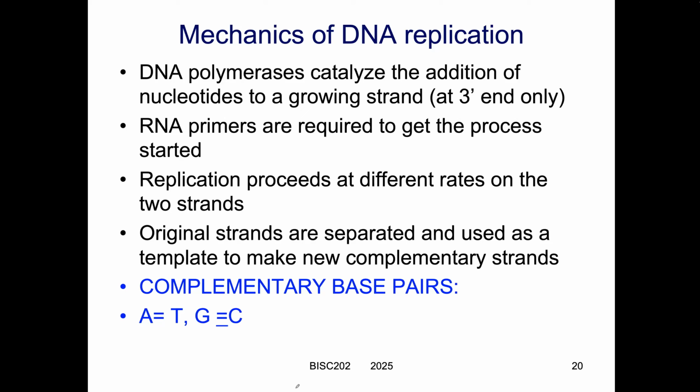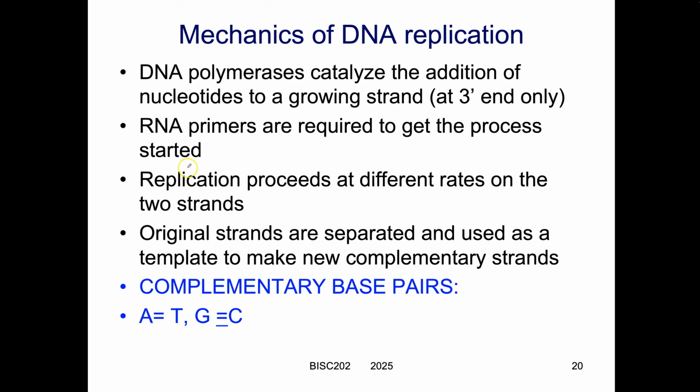So we're going to look finally at the mechanics of the replication process. So DNA polymerases are the enzymes that add nucleotides to a growing strand at the 3' end. So they add nucleotides by connecting the 5' phosphate onto the 3' end of a pre-existing molecule.